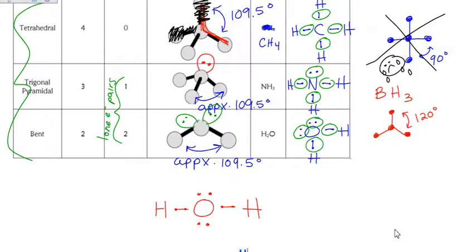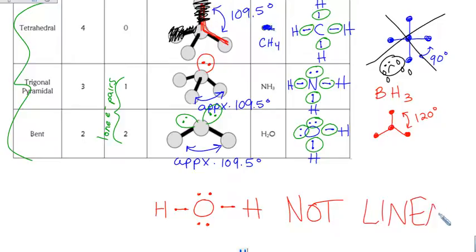Here's the problem. Don't say that it's linear. It's not linear. And I have people that will argue and they'll be like, but I drew it in a line. I drew it looking linear. I get it, you drew it kind of looking linear.